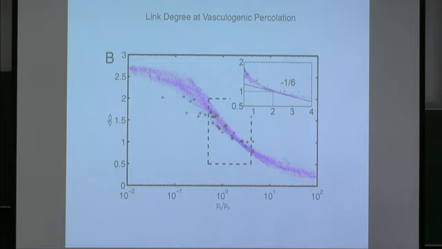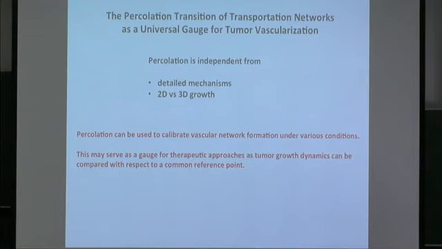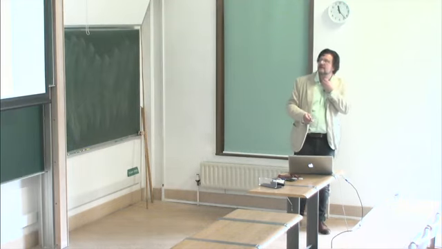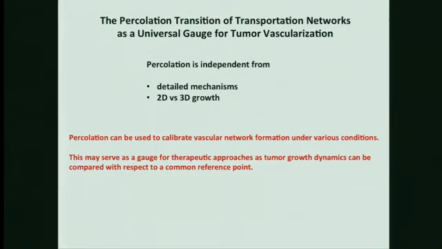What we propose is that we might use that universality of percolation as a gauge for tumor vascularization. Percolation is independent of the detailed mechanism and of 2D versus 3D growth. Now, hold your breath. That applies in the space I have described it.